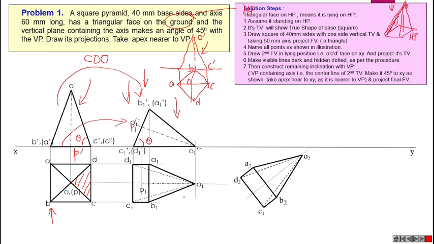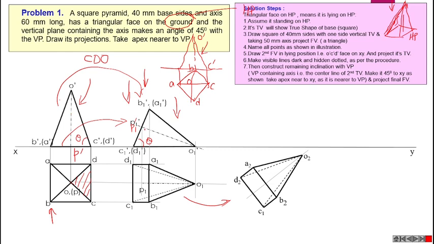Then in the third step, here the first condition, the axis inclined to HP, condition satisfied. Because if the axis is perpendicular to HP, then automatically that axis is parallel to VP.